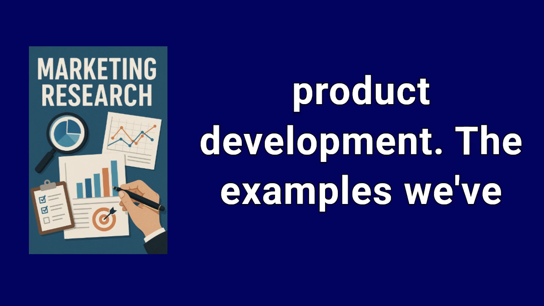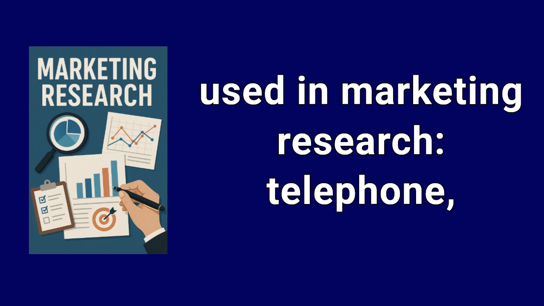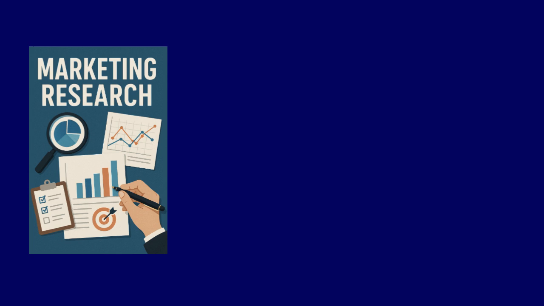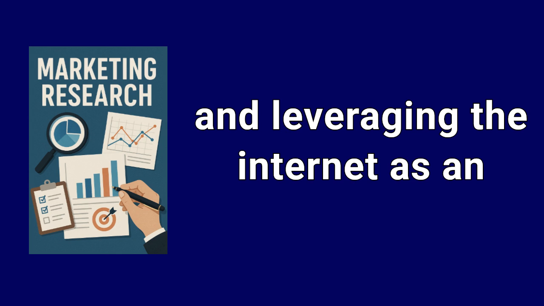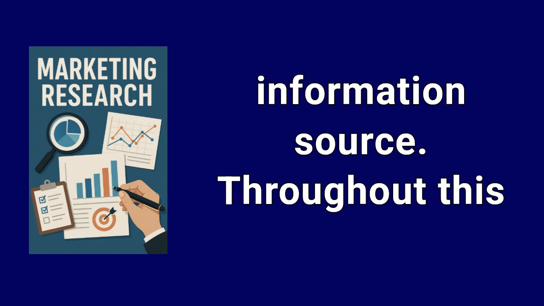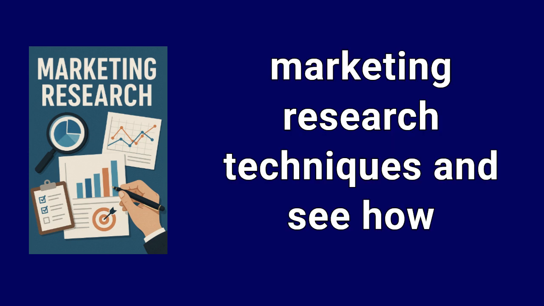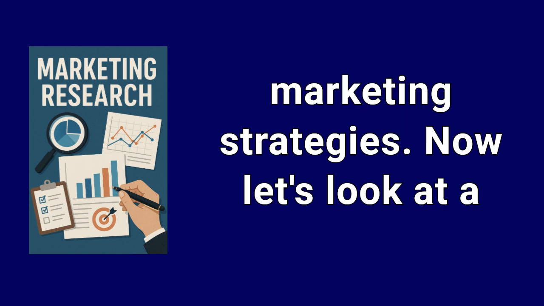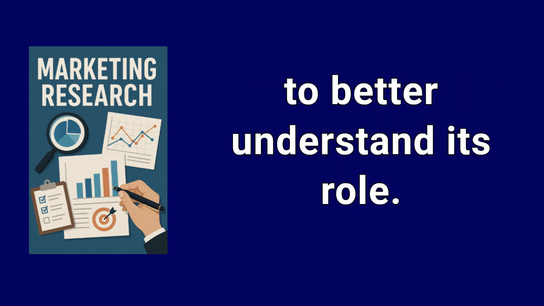The examples we've covered show just a few of the methods used in marketing research: telephone, personal, and online surveys, focus groups, in-depth interviews, and leveraging the internet as an information source. Throughout this course, we'll explore the full range of marketing research techniques and see how they're applied to create effective marketing strategies. Now let's look at a formal definition of marketing research to better understand its role.